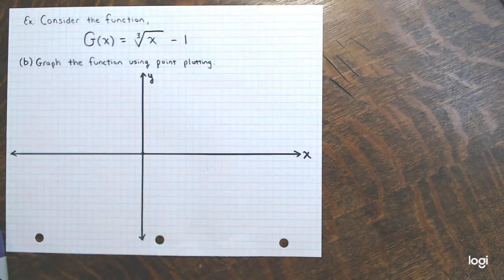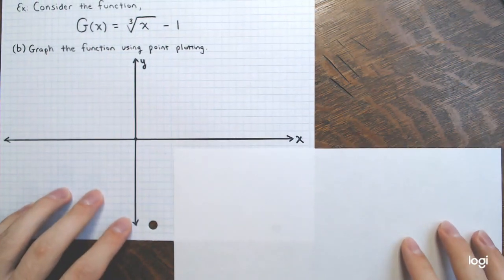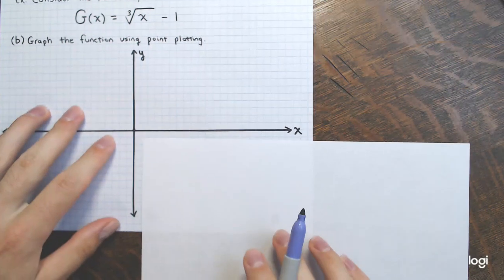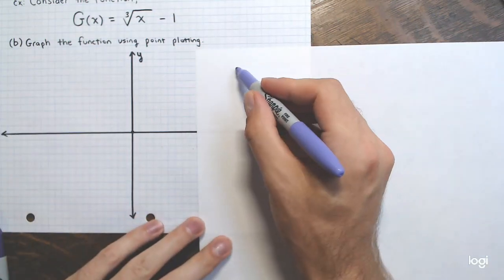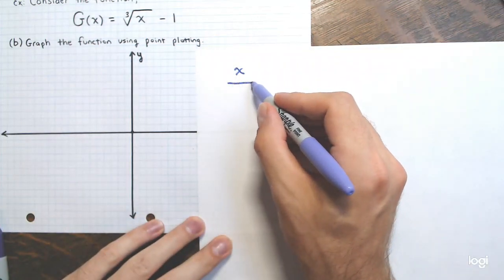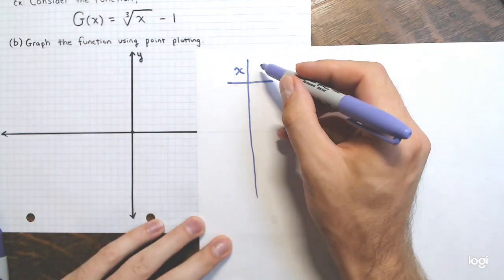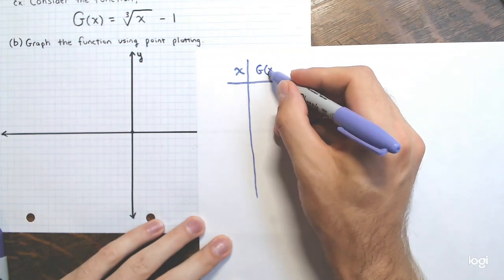All right, so as with other functions I've graphed in past videos, I'm going to make a little table off to the side here. Make a little chart where I'm going to be plugging in values of x. Plug in values for x. Now one column. In the next column, the outputs, capital G of x.